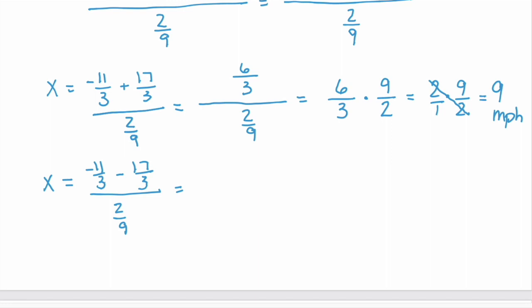Well, negative 11/3 minus 17/3 is negative 28/3 over 2/9. And again, you keep the numerator and you multiply by the reciprocal of the denominator. Well, here the 3 and the 9 simplify to 3.